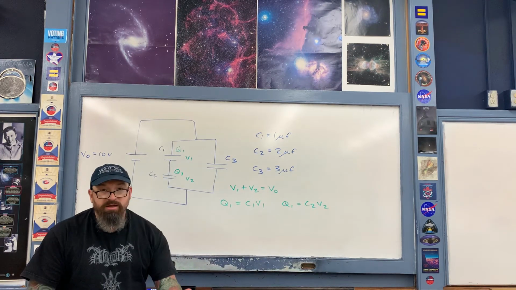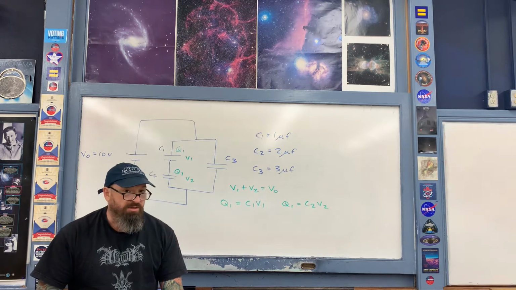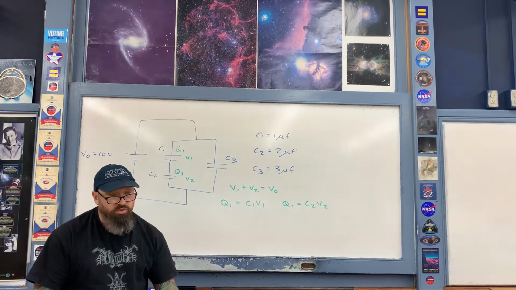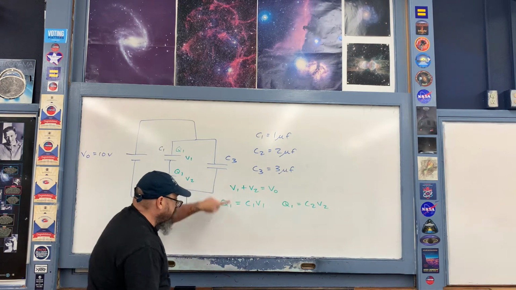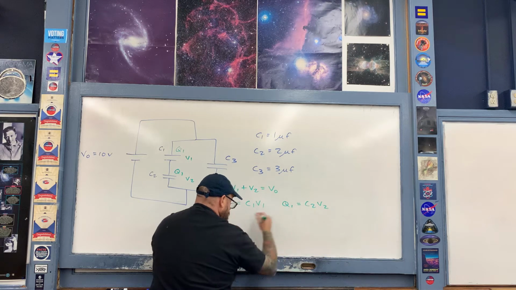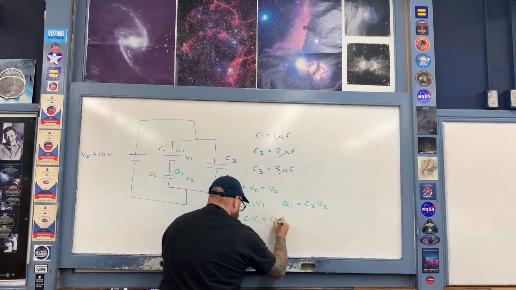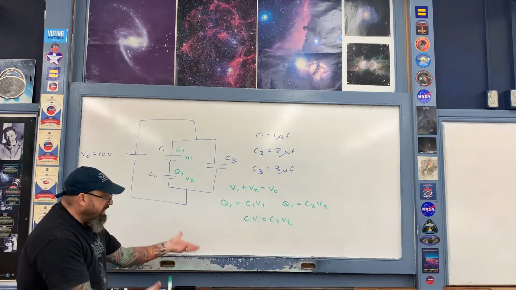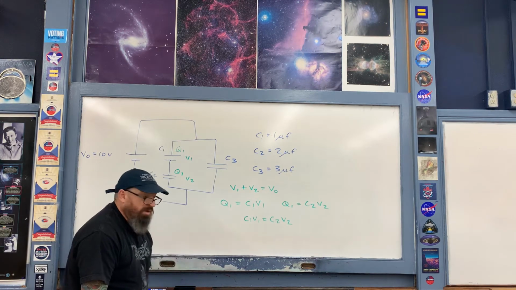So by looking at the two capacitors in series, I end up with two equations and two unknowns. Here is the first expression, and the second expression is to take these two values of Q1 and set them equal to each other.